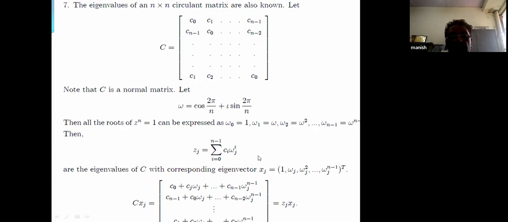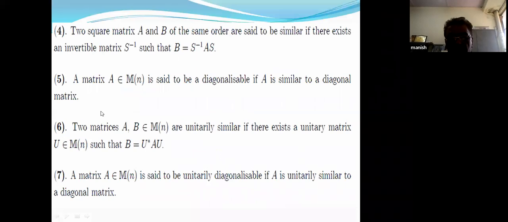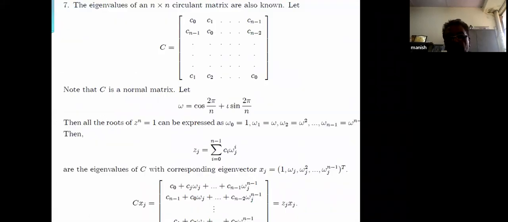Then all its eigenvalues can be written in this form: lambda j, where j varies from 0 to n minus 1, equals the sum over i from 0 to n minus 1 of ci omega j raised to the power i. Also eigenvectors are known. They are xj equal to (1, omega j, omega j squared, and so on up to omega j raised to the power n minus 1). And this can be verified by this equation.